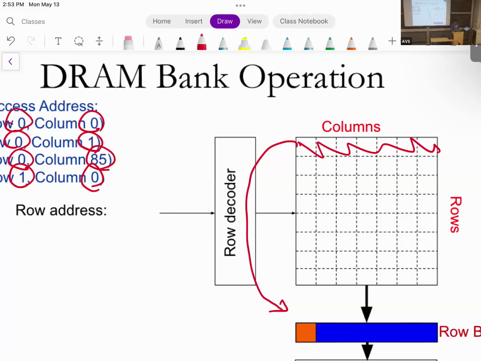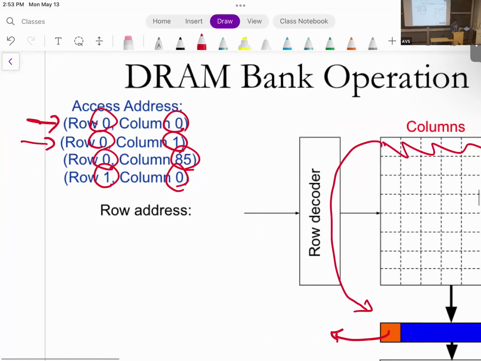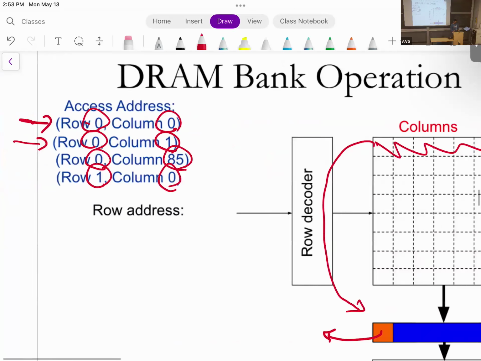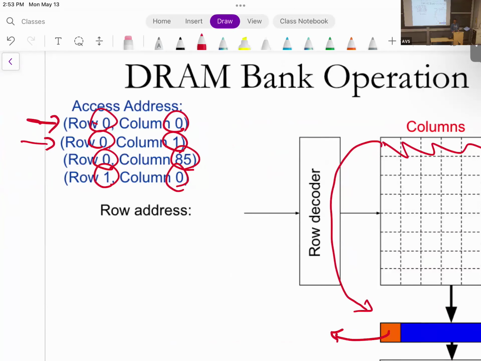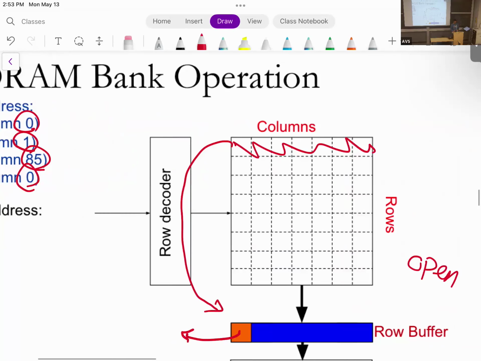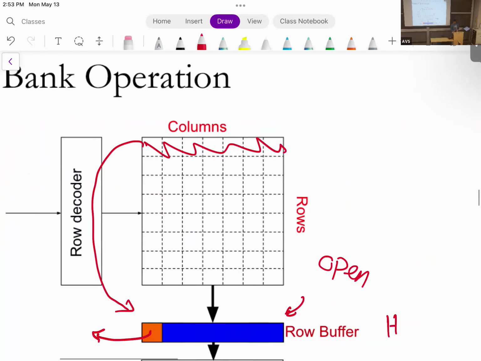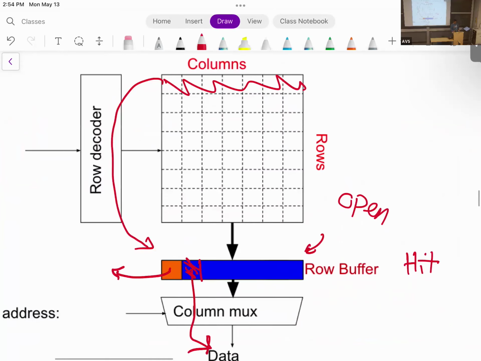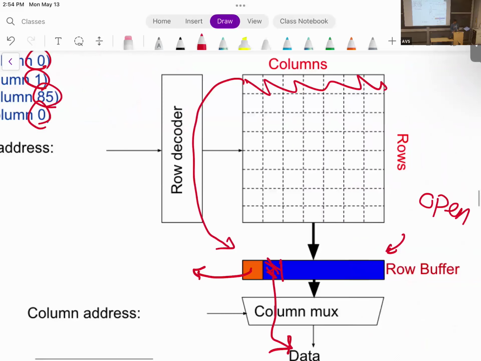And then we're going to pick out column number 0, and that's it. Now the second address comes, and if this is an open row policy, the nice thing that will happen is that once row 0, column 1 comes, I no longer need to read this again. I already have it in the row buffer. In other words, we have what we call a row buffer hit. And then I bring the second column and push it into the data, okay? Then 85 comes, and again, I'm going to have it here, and I'm going to read it.